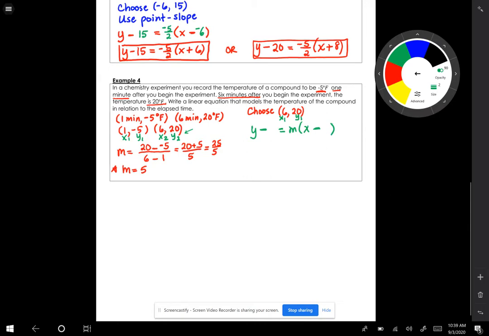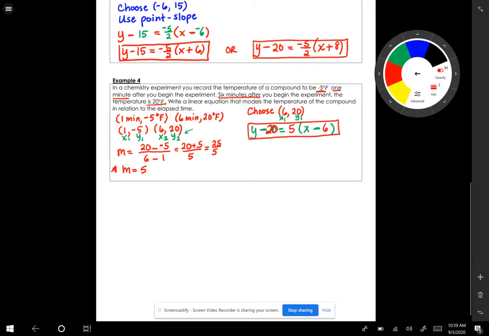So y minus 20 equals, why did I put the letter m there? There we go, because we need to put in a number there. And m was 5, that's why I put a star there. And x is 6. And that's beautiful. You don't have to clean it up any. So your answer is y minus 20 equals 5 times x minus 6.